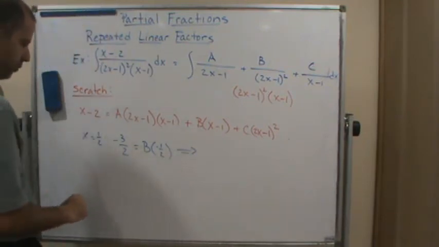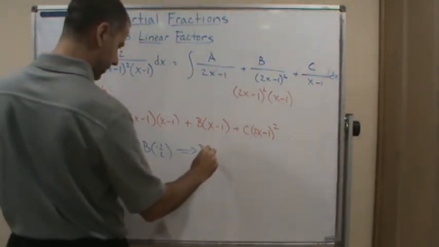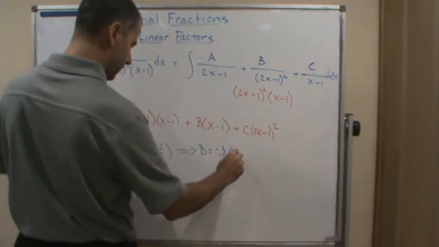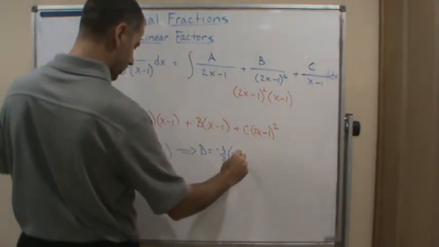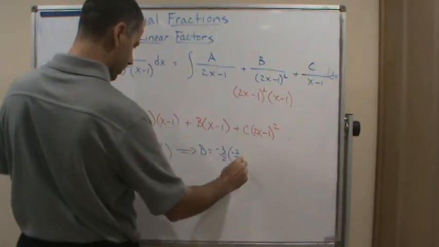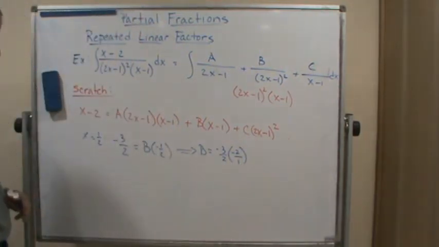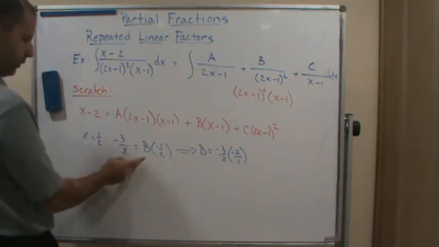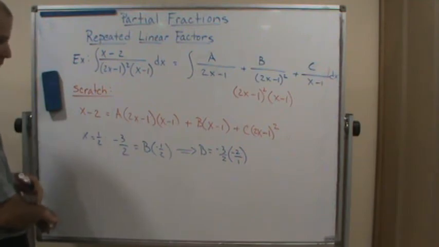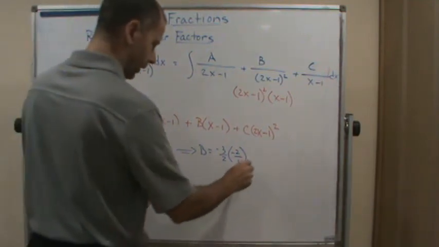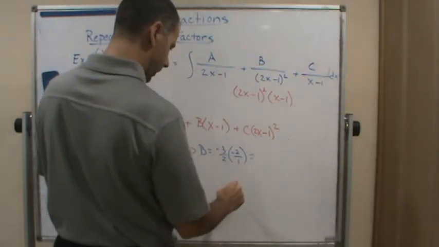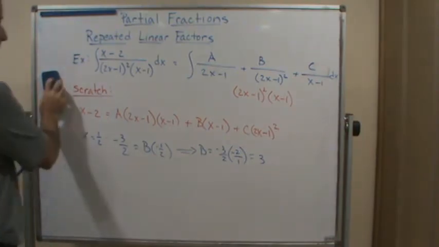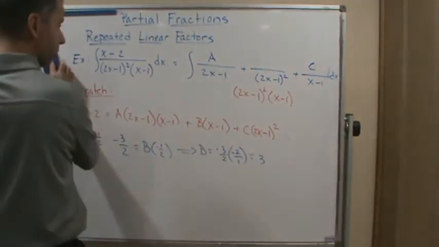And so that gives us what? b is then equal to negative 3/2 times negative 2/1, right? Multiplied by the reciprocal. Or divide both sides by negative 1/2, same thing. And so we get b equals 3. All right, so b equals 3.